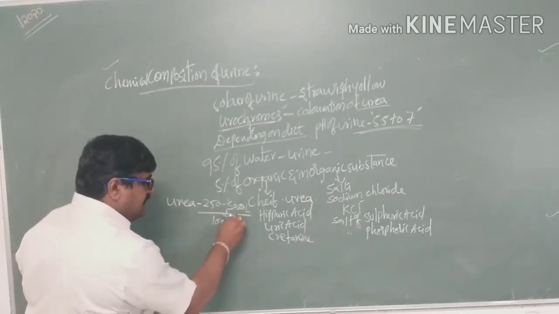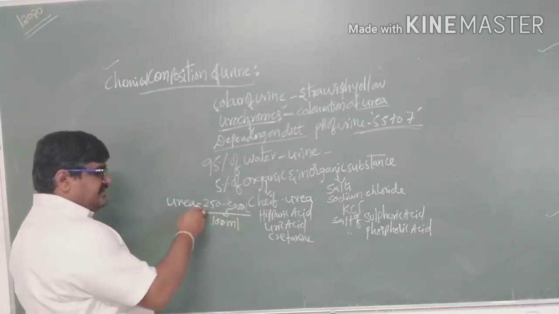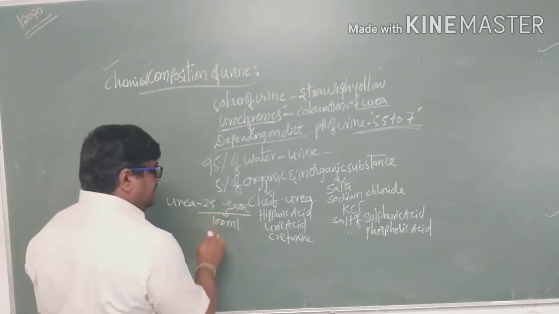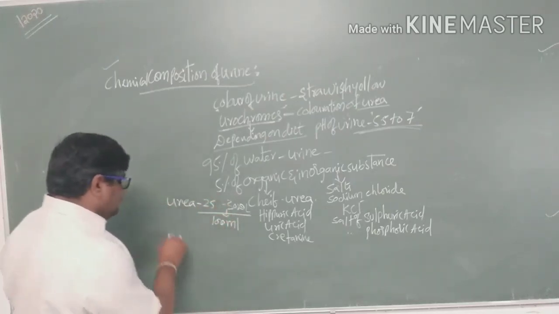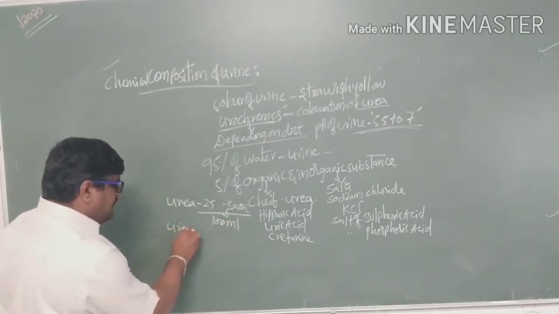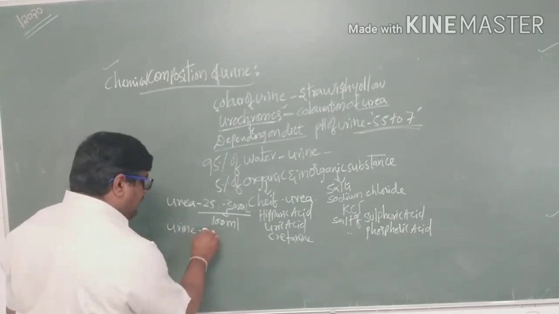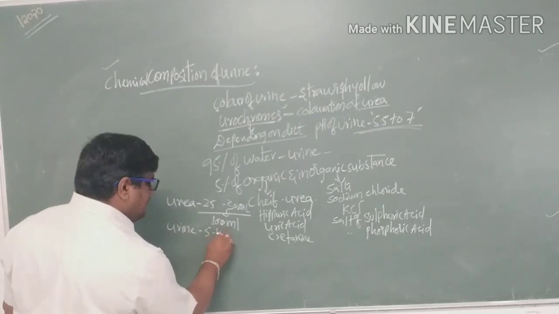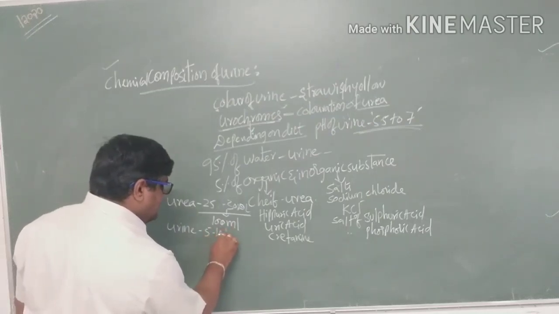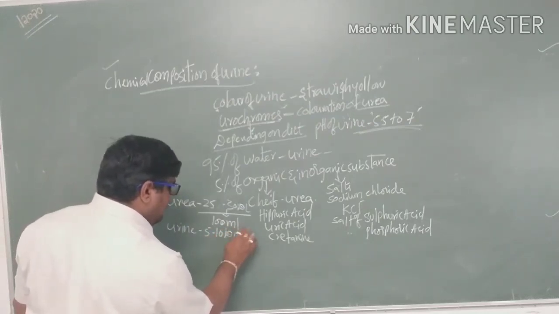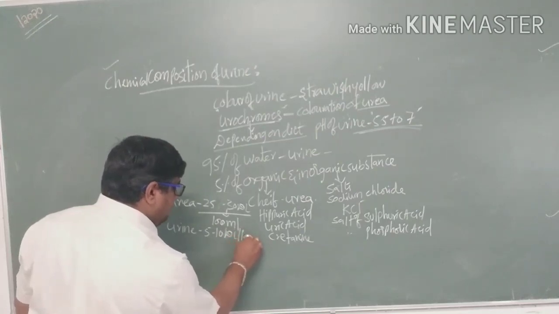And in urine, it consists of the salts, 5 to 10% in 100 ml.